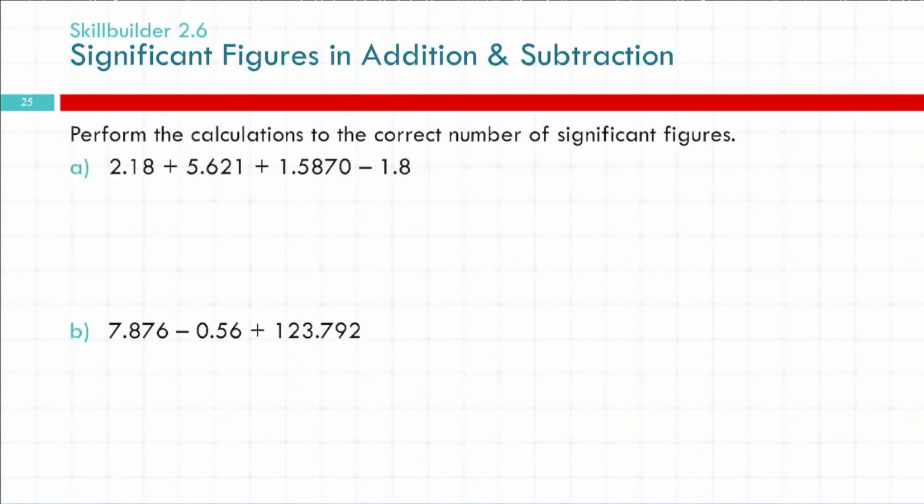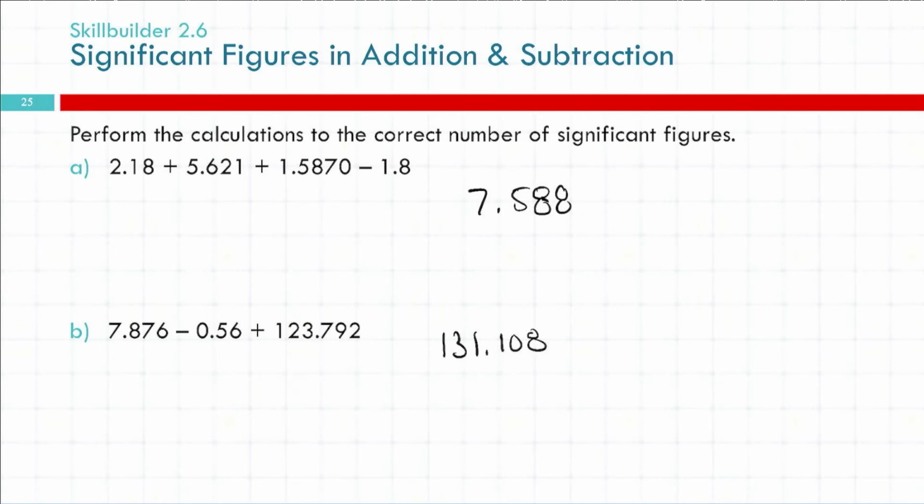All right, so again, take a shot at these. Okay, so hopefully it didn't take too long to type that into your calculator. All right, so these are the raw numbers coming out of the calculator. We're adding or subtracting. Use the smallest number of decimal places.